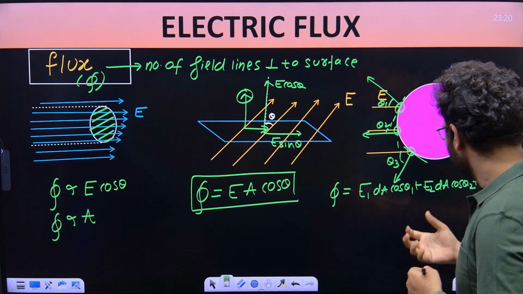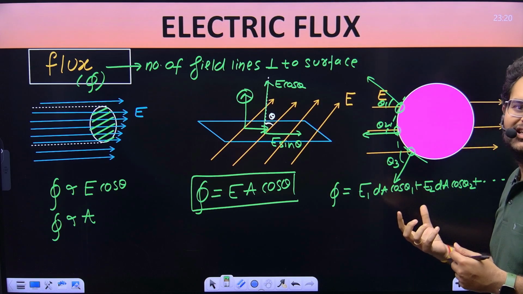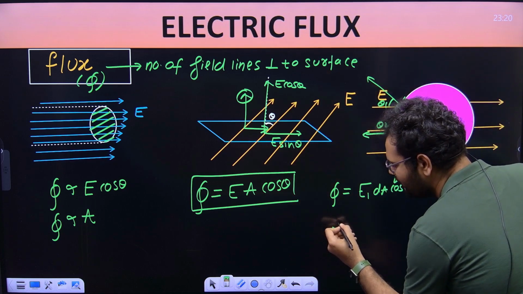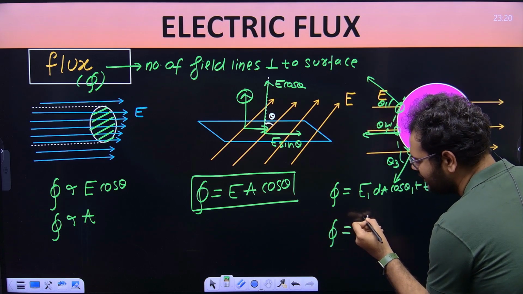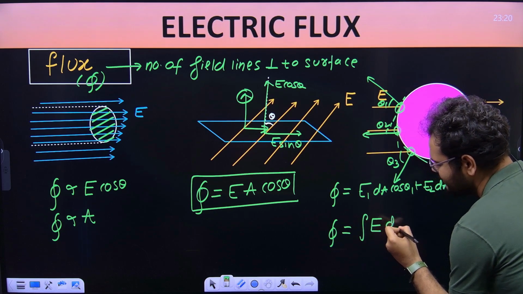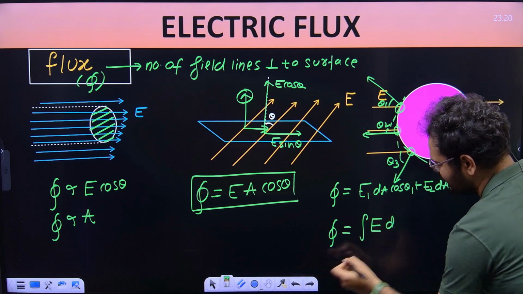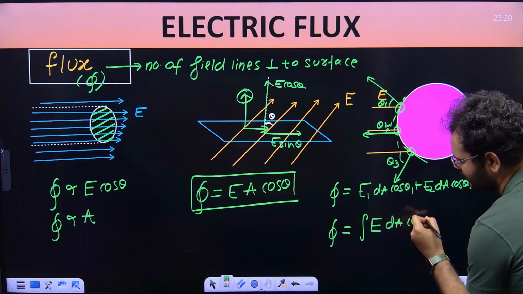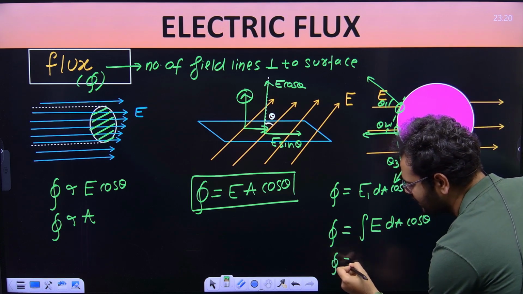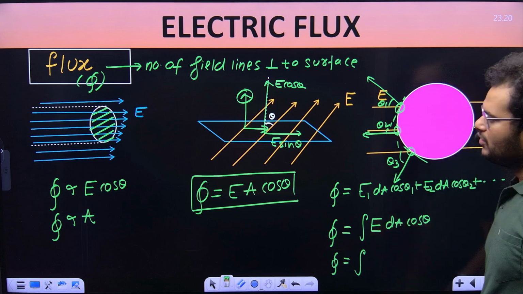So there is a continuous addition, and continuous addition is nothing but integration. Flux is the integration of E dA cos theta.